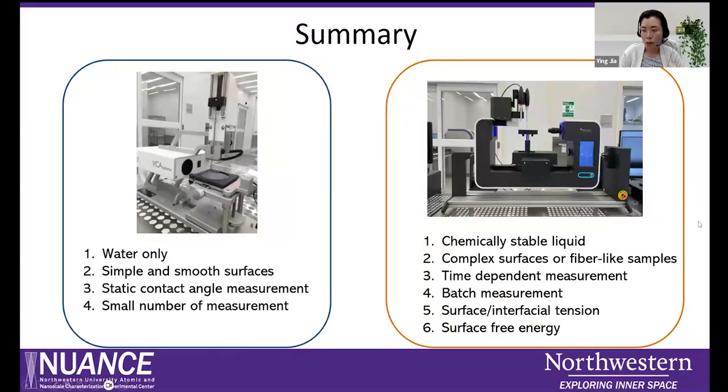So you can do a batch measurement, and the system will just measure and calculate one by one for you. It's going to save a lot of effort if you have a lot of samples. Additionally, if you want to measure more than just the contact angle, this one also lets you measure surface tension, interfacial tension, and surface free energy, which describe just a liquid only or the surface only.